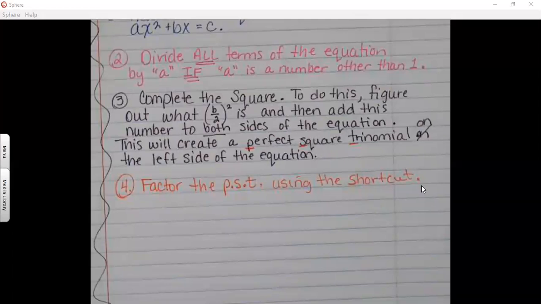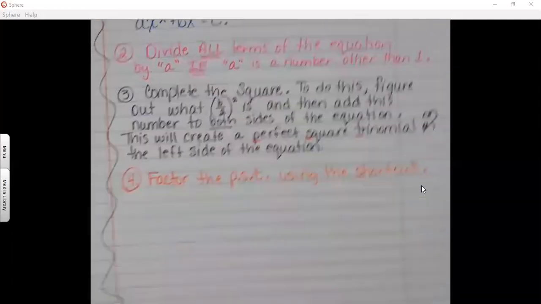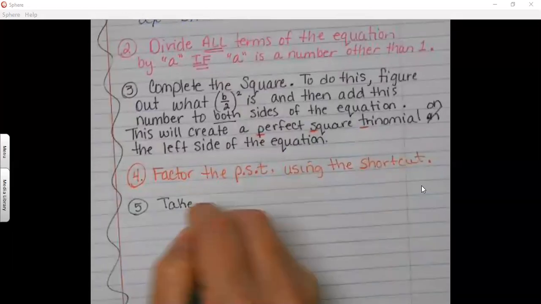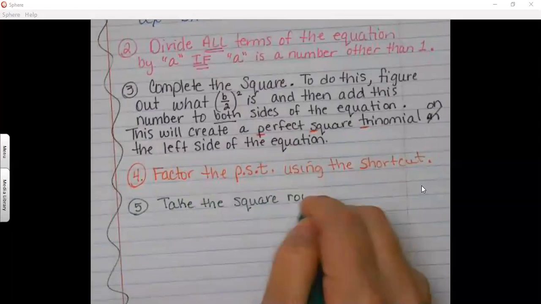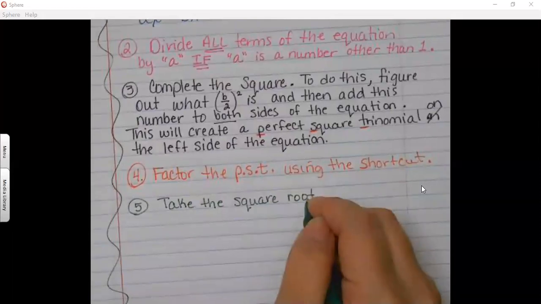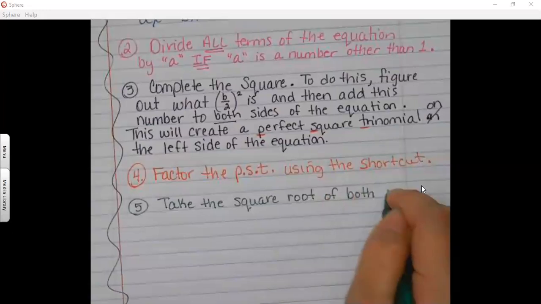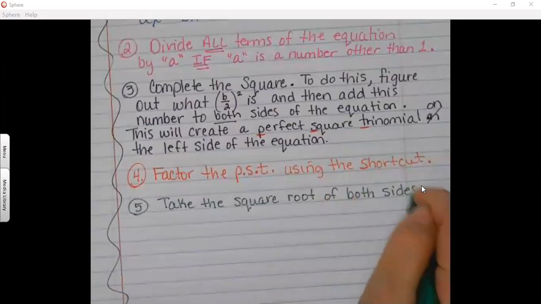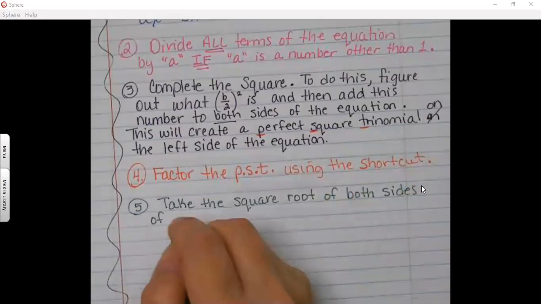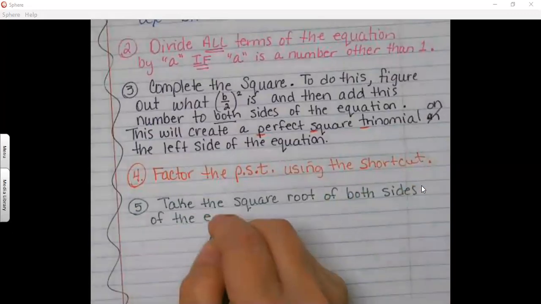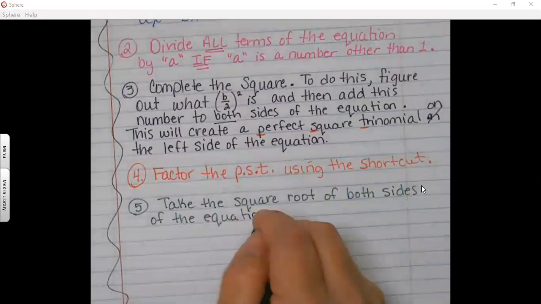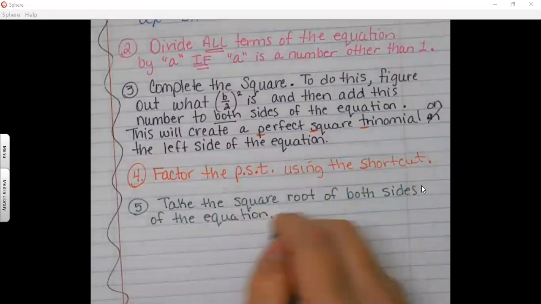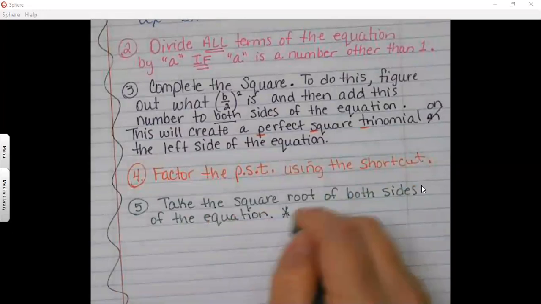Step 5: take the square root of both sides of the equation. Make sure, super important, you know when we solve quadratics, we always get 2 answers, right?